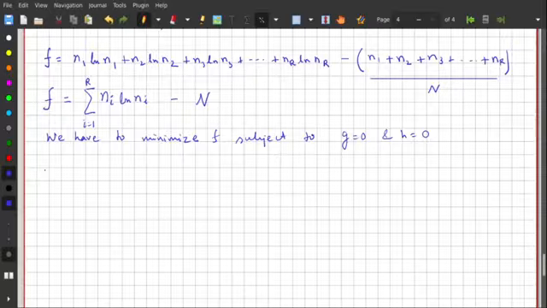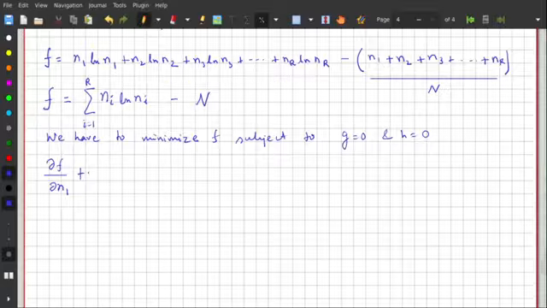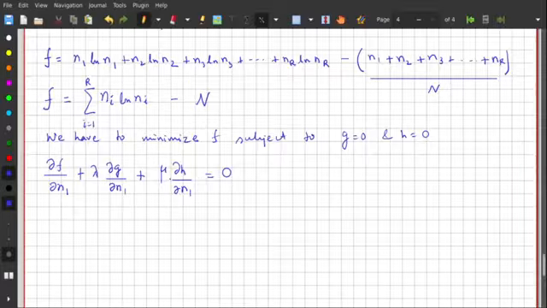Okay, so let us write all the constraint equations. So it will become partial f partial n1, if we vary just n1, plus Lagrange multiplier lambda times partial g partial n1 plus mu partial h partial n1 equals 0. So that's the first equation.